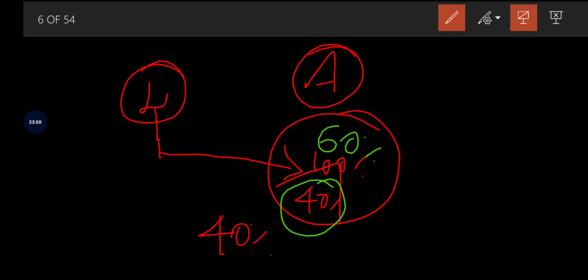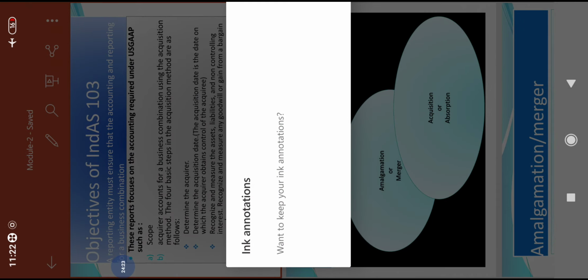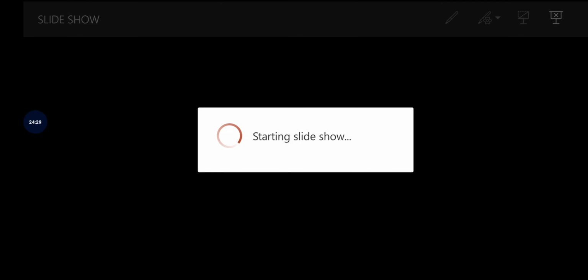So from this 100% I am purchasing 40%, and because of purchasing this 40% I have the right to control only 40% of the assets and liabilities of company A. So this 40% is a controlling interest for my business, and this 60% is non-controlling interest for my business. Okay, so this is the concept of controlling and non-controlling interest. That must be recognized in the financial reports.